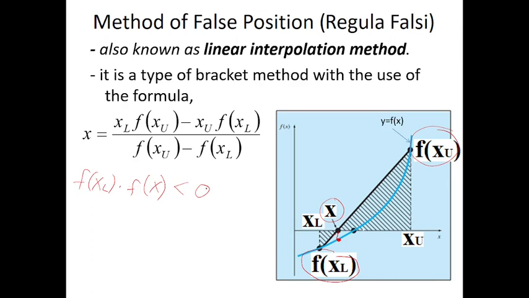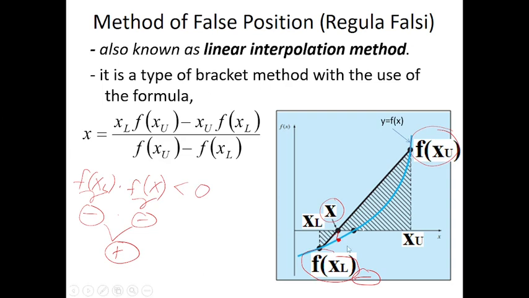If that was satisfied, we know that this is negative, right? And f of x, is this negative or positive? Negative. F of x is negative here. It's below 0. So negative times negative. Is it less than 0? This is positive, right? So if it is positive, so it is less than 0.